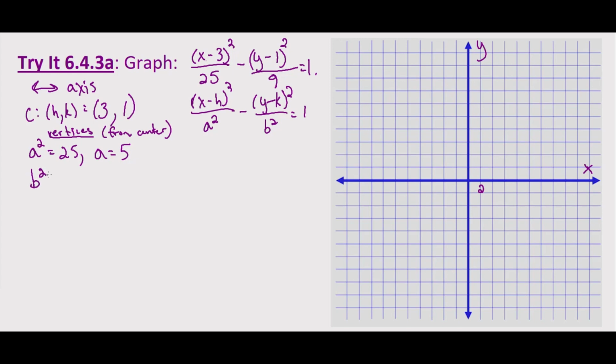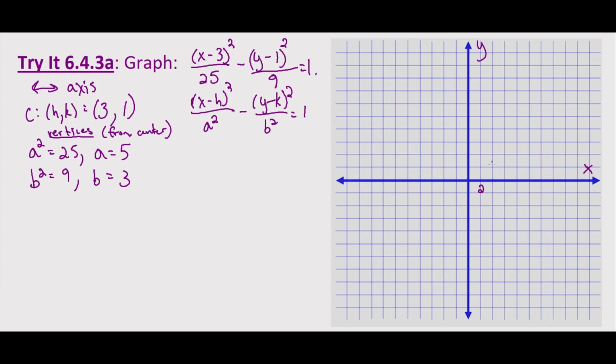So b squared equals 9, which means that b equals 3. So we're going to go those amounts from our center in order to find the vertices of our hyperbola, make the box, and then draw in the asymptotes.